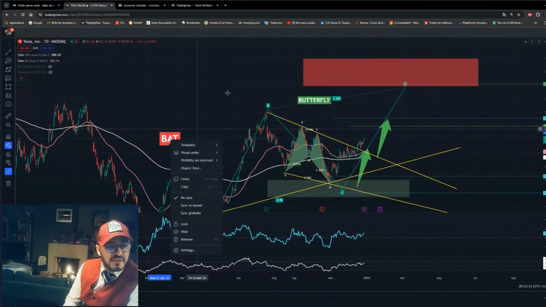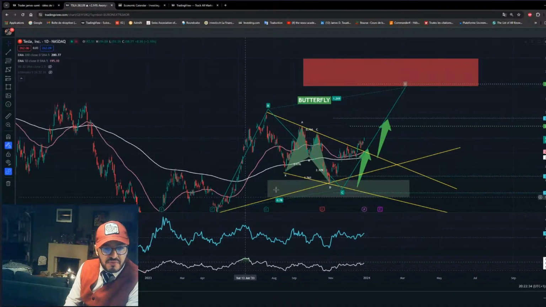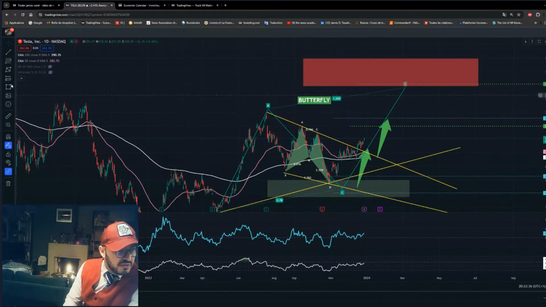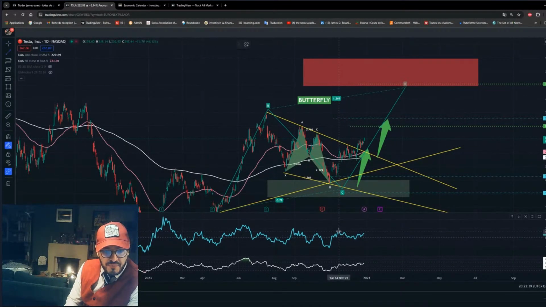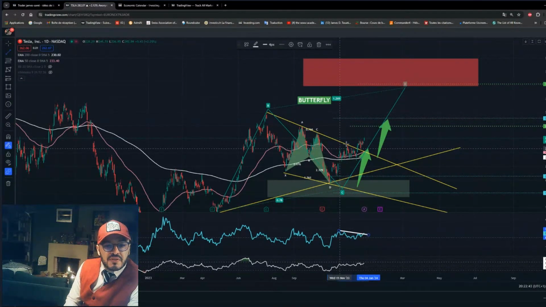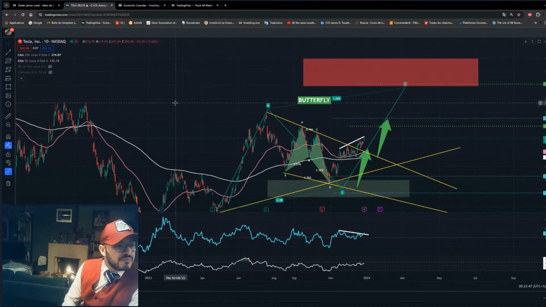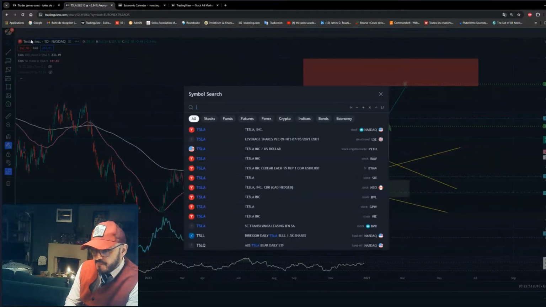There was a bat. I deleted the bat because it's not necessary now to have it. You have also here a divergence with the ROC, rate of change. Ichimoku, not necessary.